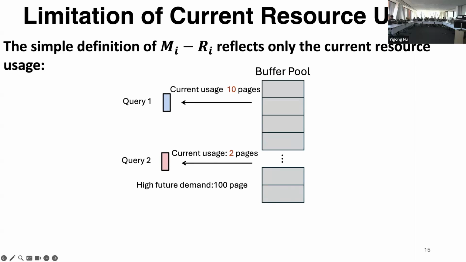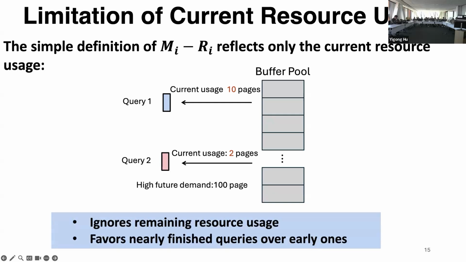But query two may be just at the beginning of its execution, and it may demand 100 pages during execution. So how we capture this future demand is critical. If we just use the current resource usage, we ignore the remaining resource usage, and it will bias our cancellation policy toward requests that are near their finish.